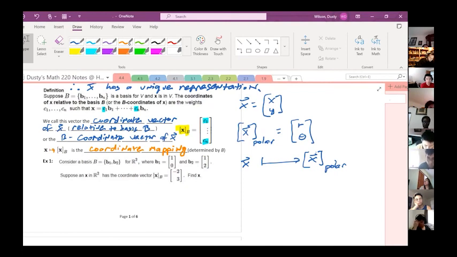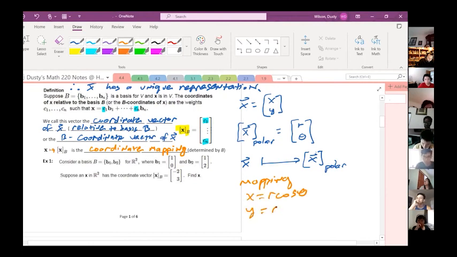Well, the mapping has something to do with how x is equal to r cosine theta and y is equal to r sine theta. This is actually the mapping that goes from polar back to Cartesian. But this is like a world that's a little bit analogous to an old world that you're familiar with, analogous to what we're learning.